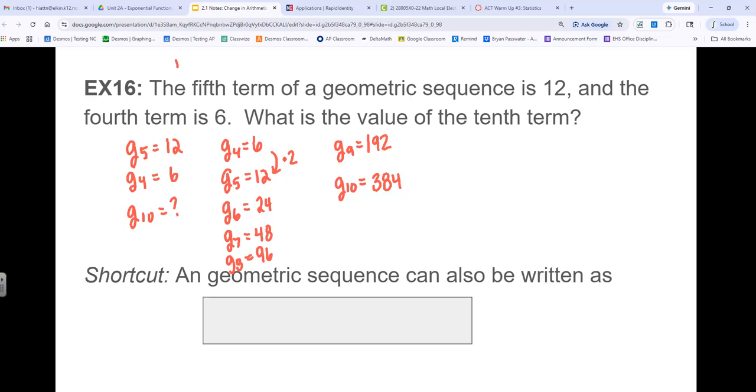So let's think about what we could have done instead. If I'm looking for G sub 10, right? I could pick G sub 4 or G sub 5, but G sub 5 is the highest one. I know I've got 12, right? I'm starting off with 12. And then I'm having to multiply 12 by 2, right? So I'm going to have to do 12 times my 2. How many times did I have to multiply by 2?